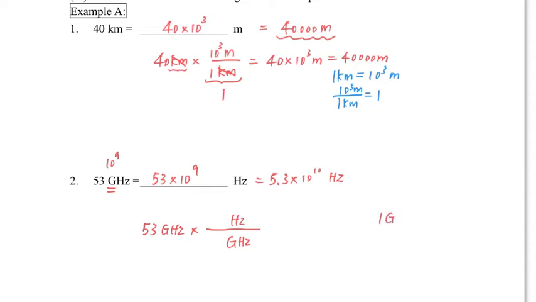Since 1 gigahertz is equal to 10 to the power of 9 hertz, we have such an equation: 1 gigahertz over 10 to the power of 9 hertz. This part is equal to 1, and finally we will have the following result.